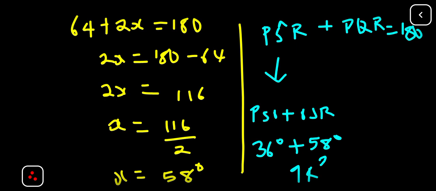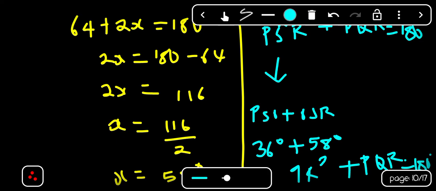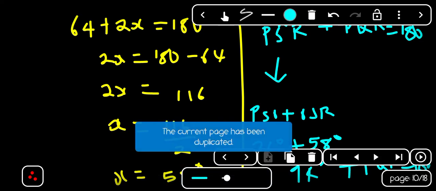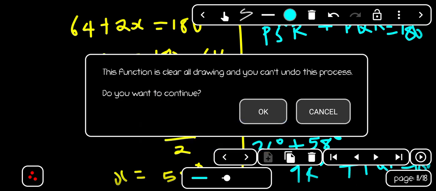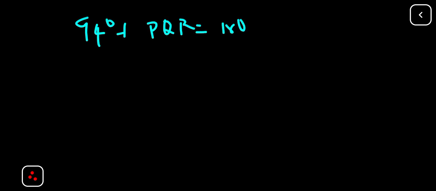Now we can say PSR plus PQR equals 180. So 94 plus PQR equal to 180 degrees. And now it's easier for us to find angle PQR. All we just need to do is bring 94 degrees to the other side. Okay, so I'm running out of space again. So we had 94 degrees plus PQR equal to 180 degrees.